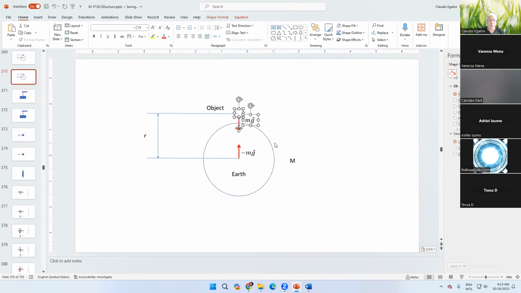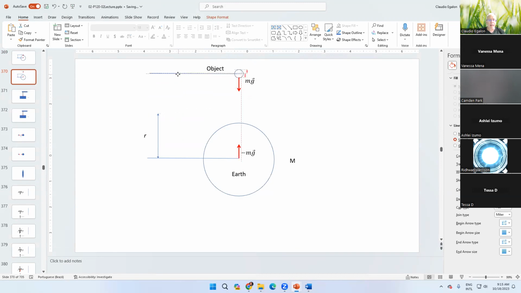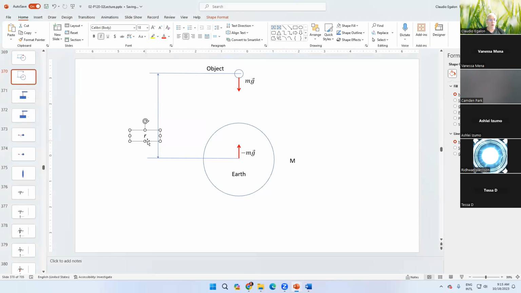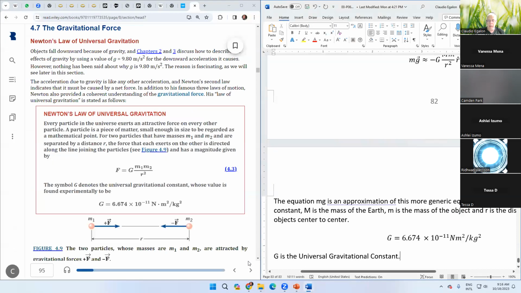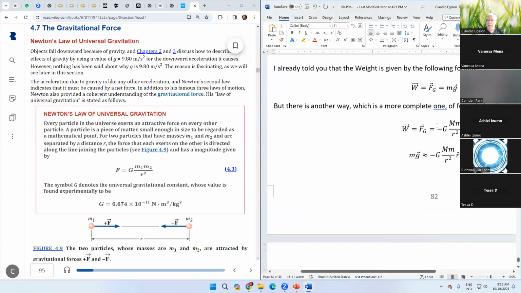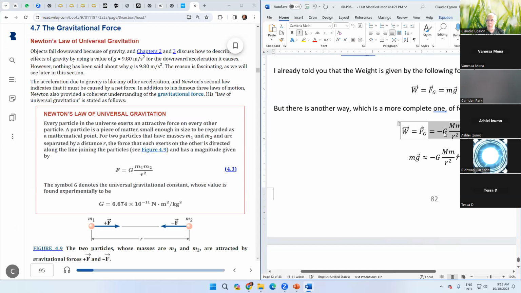Here you go. Like that, right? If you have something like that, then the distance r is going to be greater, right? The formula still applies. And now I can copy this one right here.